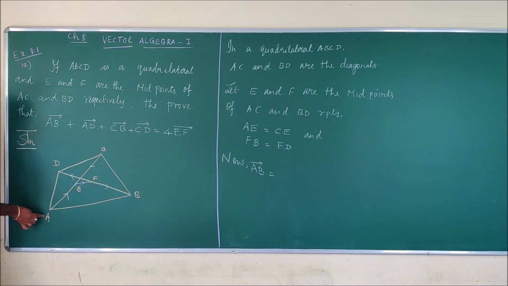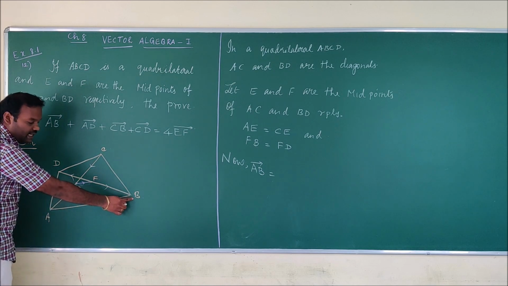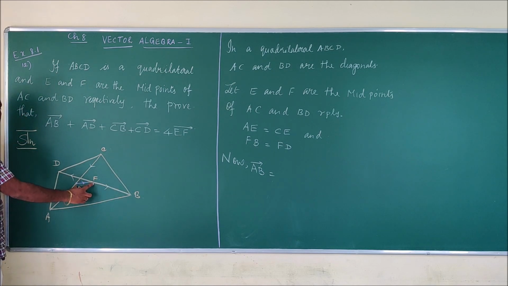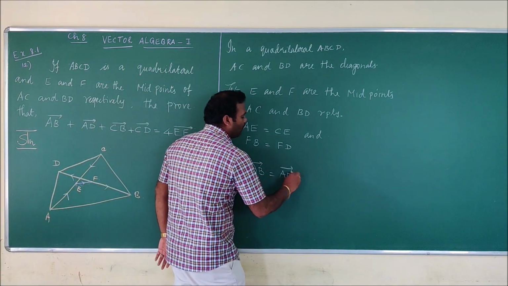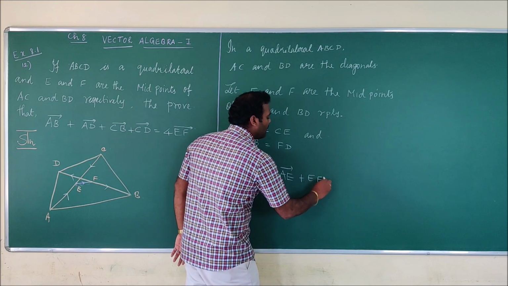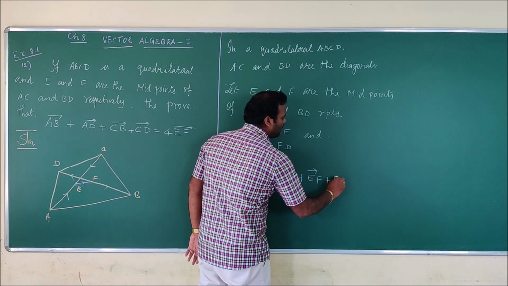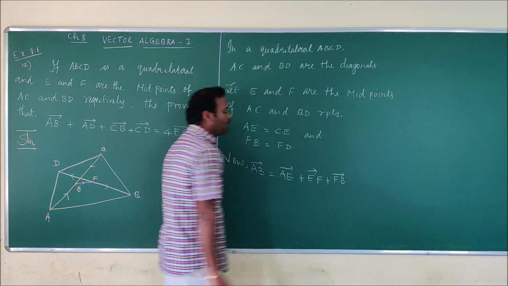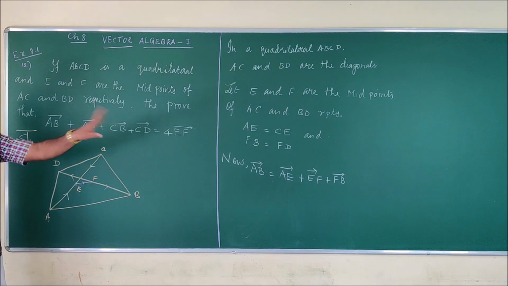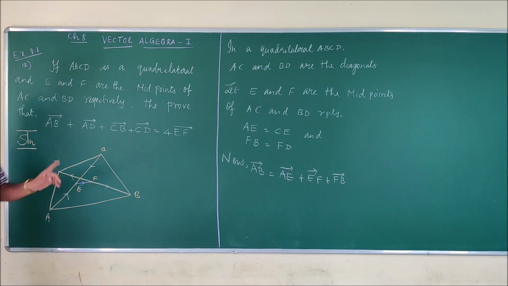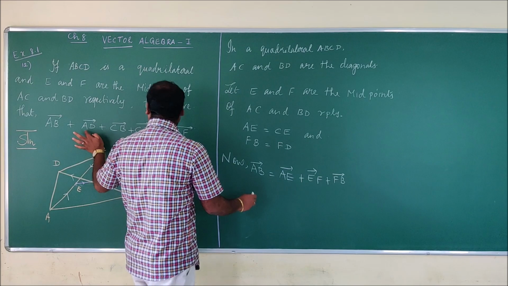That way I have started with A and ended with B, and also gone through E and F. So the vector is AE vector plus EF vector plus FB vector. You should not change your endpoints. You have to start with A and end with B, and you have to go along E and F. That is what you have to keep in mind.